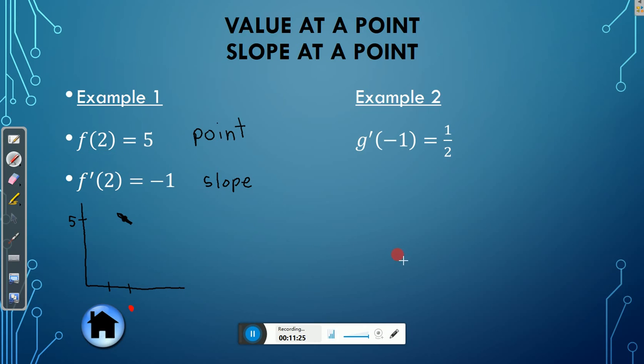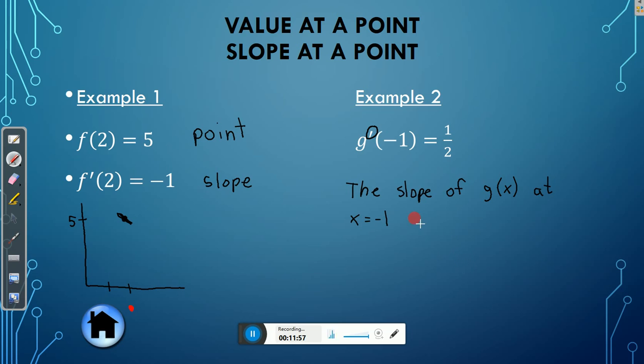All right, if I take some of that away and I just tell you g prime at -1 is equal to 1/2, we only know the slope then. So the slope of the function g, we don't know what g is, but we just know the slope of g, the derivative of g. And we only know it at one point, at x equals -1.